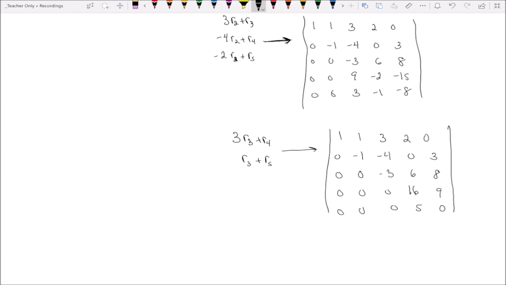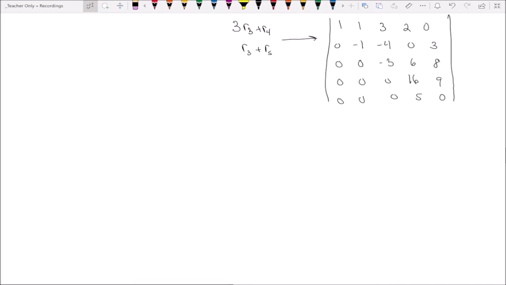Now we look and decide it might be easier to work with this 5 rather than that 16. So let's go ahead and switch row 4 and row 5. That means we're going to have to multiply by a -1.